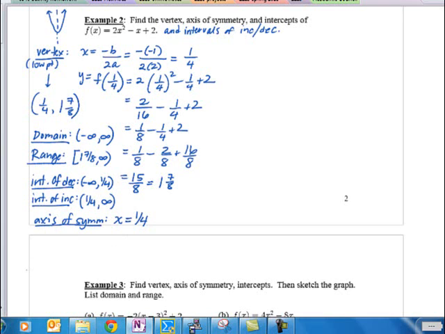So the x-intercepts, we set the function value equal to 0 and solve for x. We could try to factor that. I'm going to just use the quadratic formula.